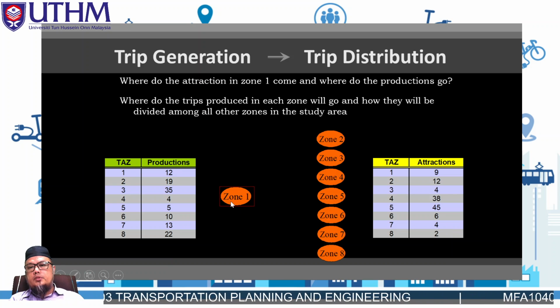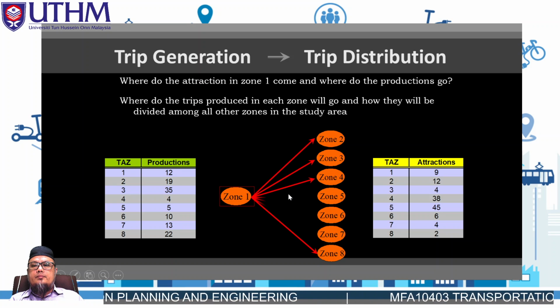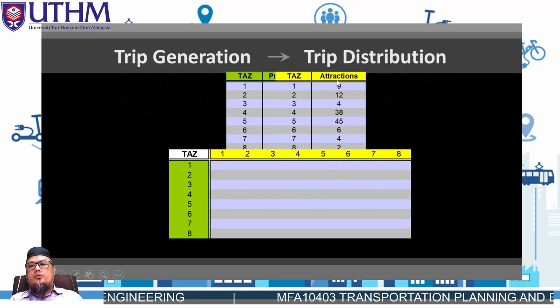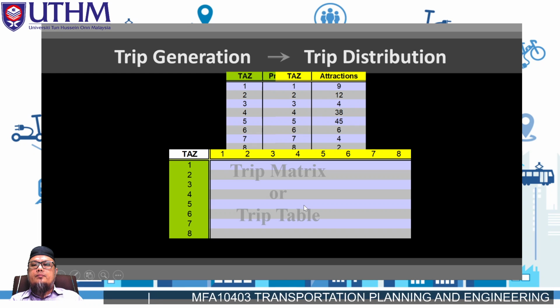So this first, zone 1, they're going to move to zones 2, 3 up to 8. Then we're going to use this distribution matrix, using this formula and input data with the gravity model.